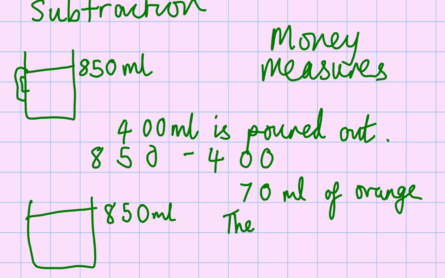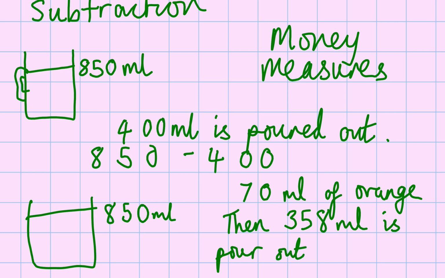Then maybe 358 milliliters is poured out. How many milliliters are left in the jug? So that would be a two-step problem, and this one would be a one-step problem.